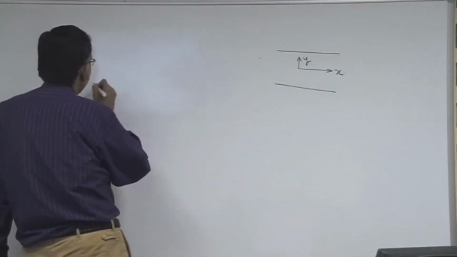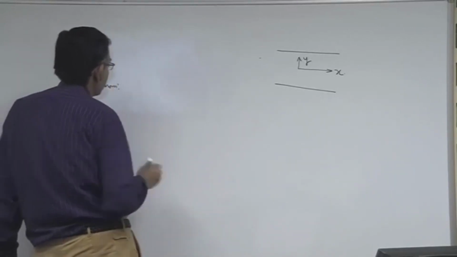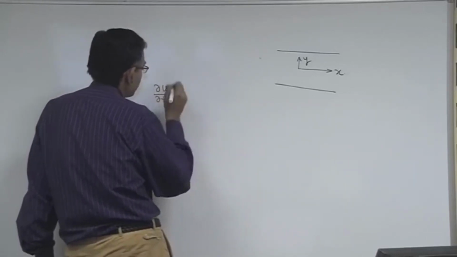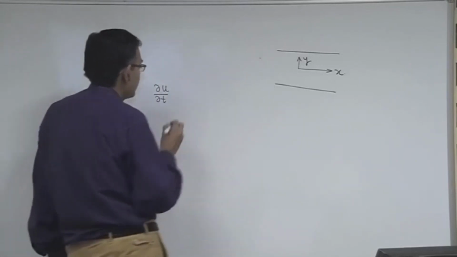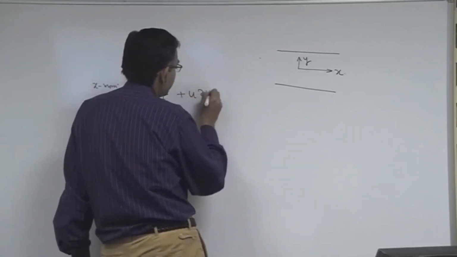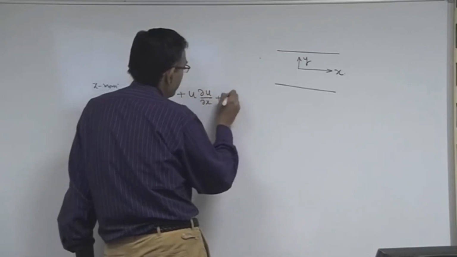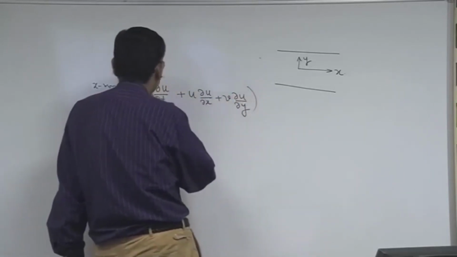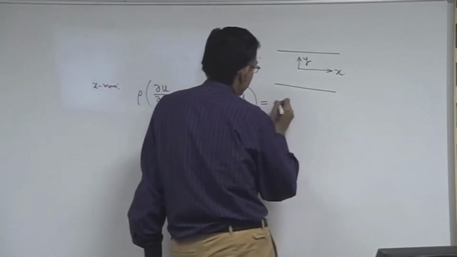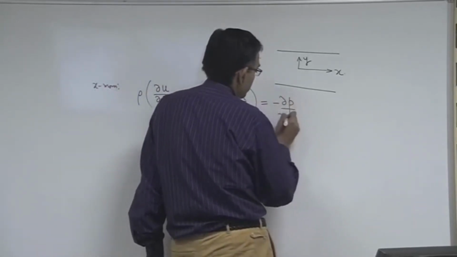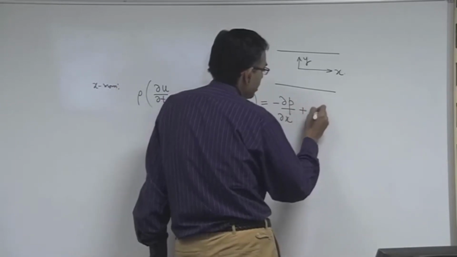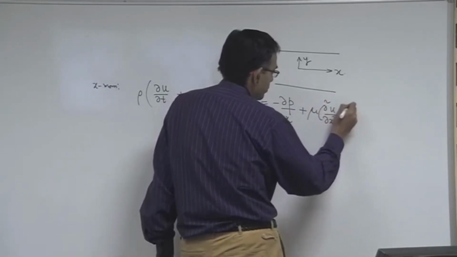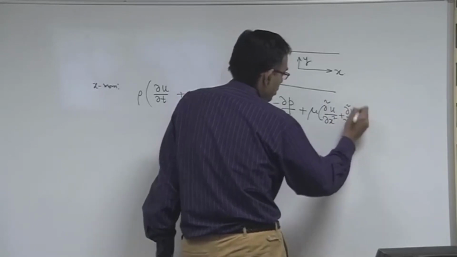So, x momentum equation: rho times del u del t plus u del u del x plus v del u del y is equal to minus del p del x plus mu times the viscous term.